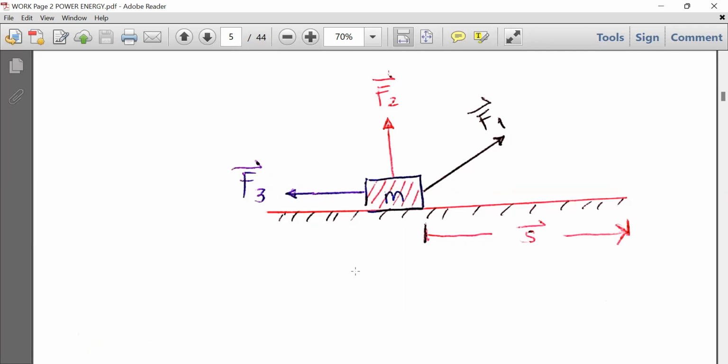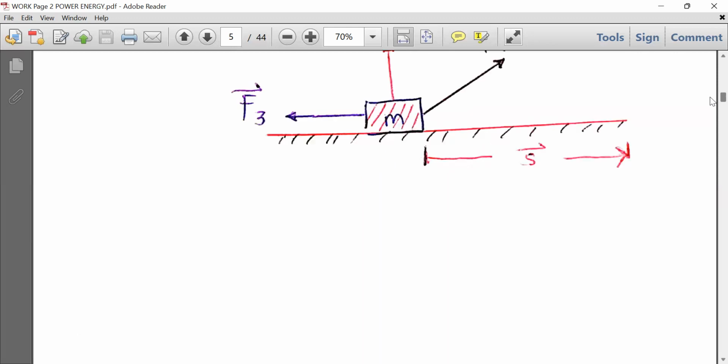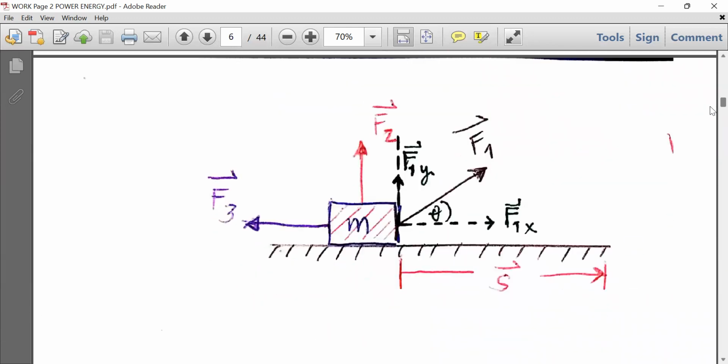And then if we add the work done by all these three, we'll get the total work done. So how are we going to get the total work done by the three forces on this object? Of course, for F1, you just get the x component, which is in the same direction as the displacement.